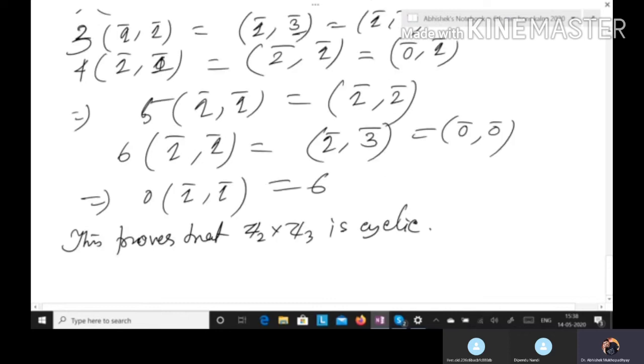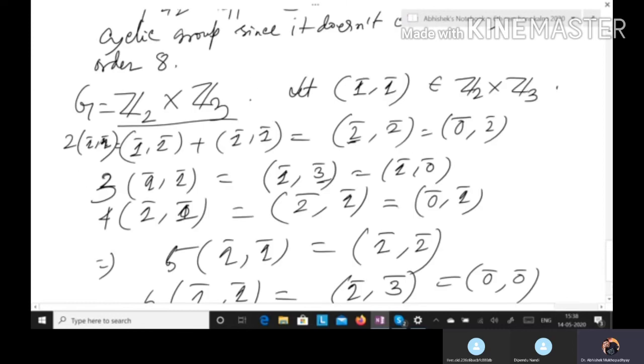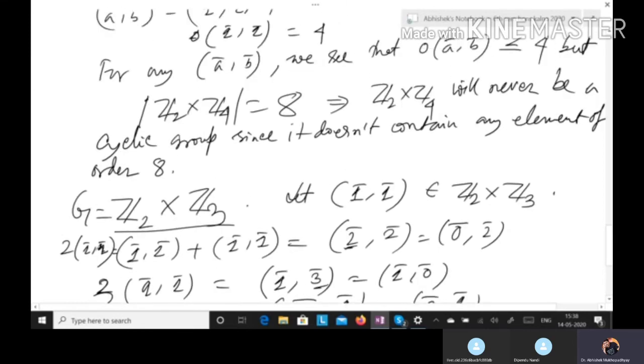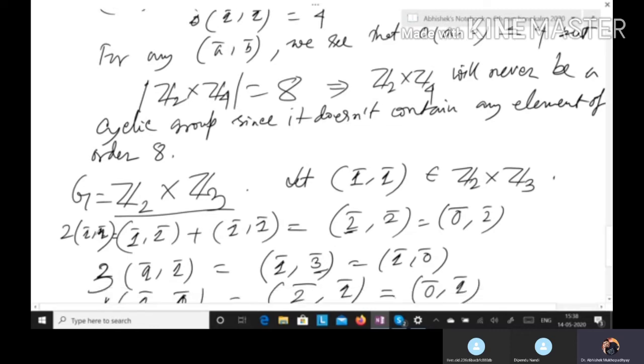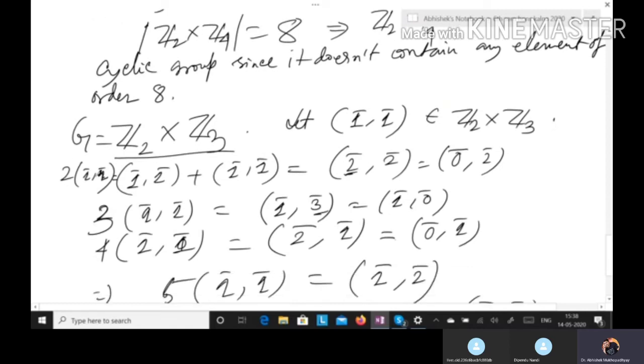So thus in one example we see that the external direct product of two cyclic groups is not a cyclic group, and in another example we have shown that the external direct product of Z2 and Z3 is cyclic. So from that reason we can say that sometimes it is true and sometimes it is not.